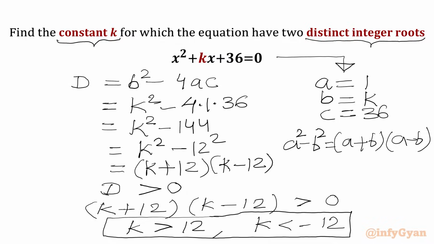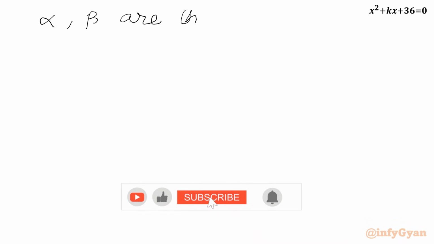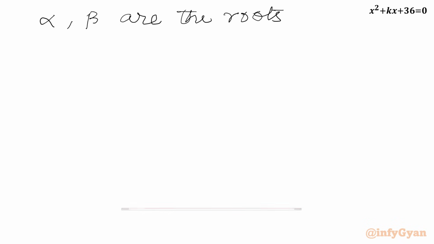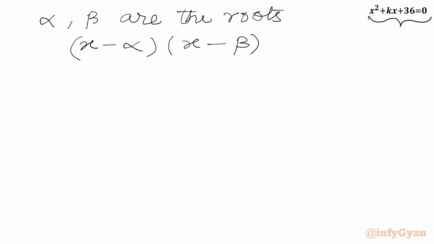Now let us assume alpha and beta are the roots of the quadratic equation x square plus kx plus 36 equal to 0. So I can write the quadratic in terms of its roots: x minus alpha times x minus beta equal to 0. Now we will expand our LHS.